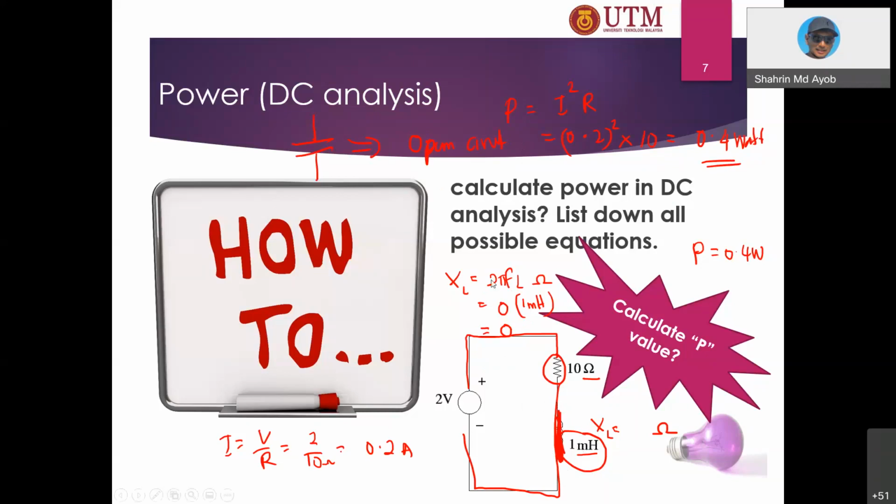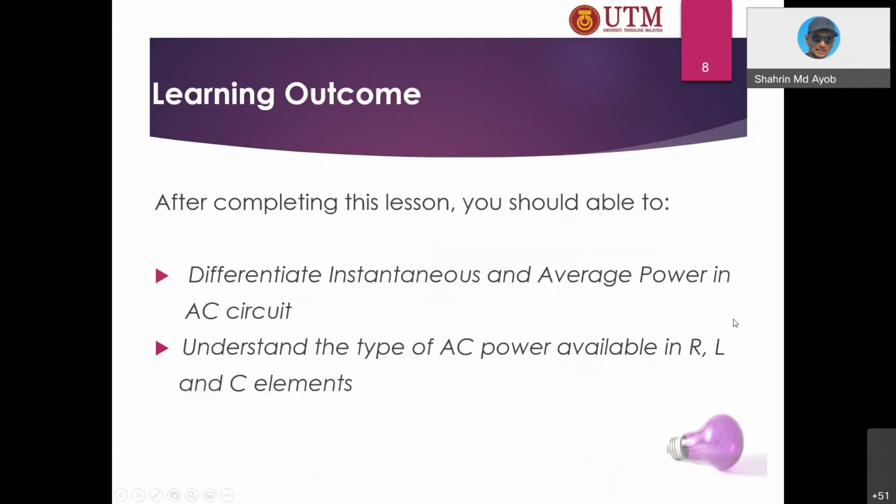For the DC circuit, we have only one power, which is P, and the unit is watt. So I think we can go deeper on AC power.